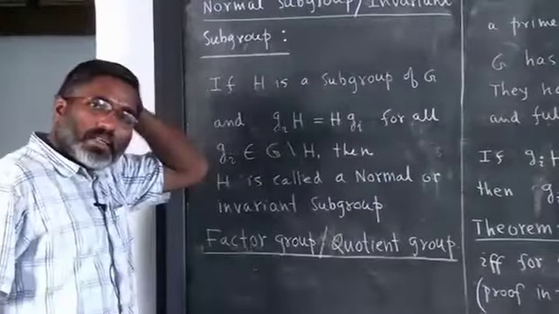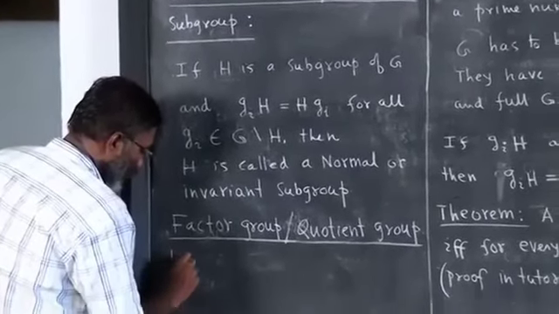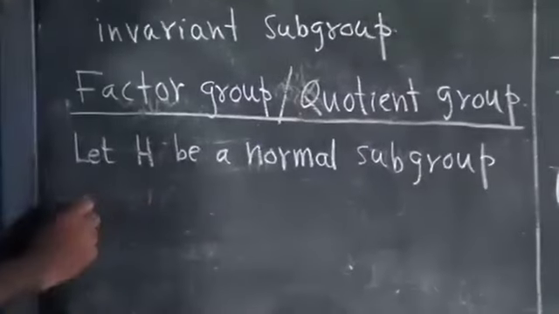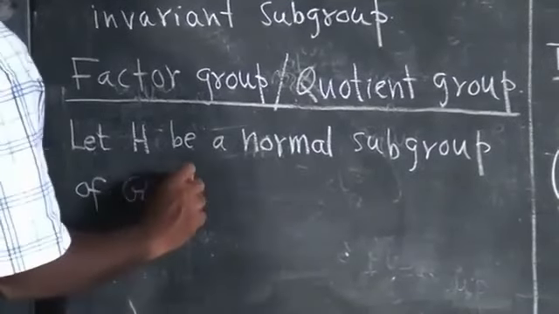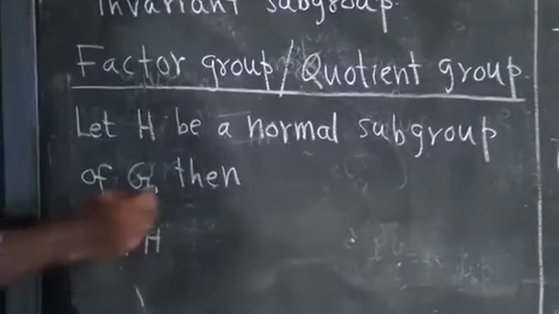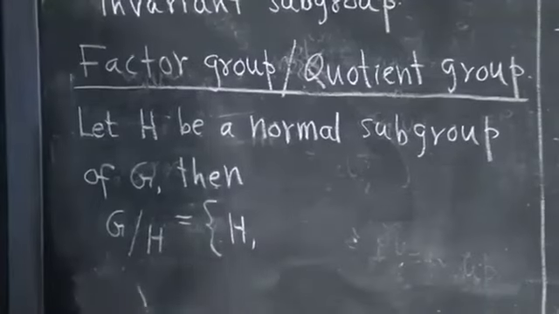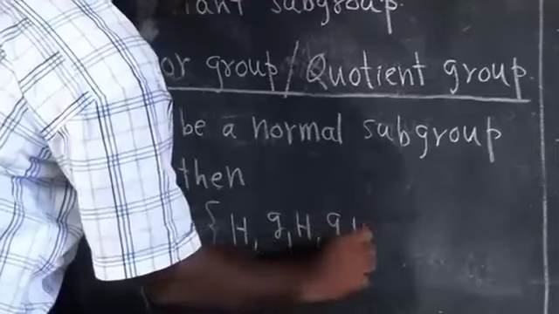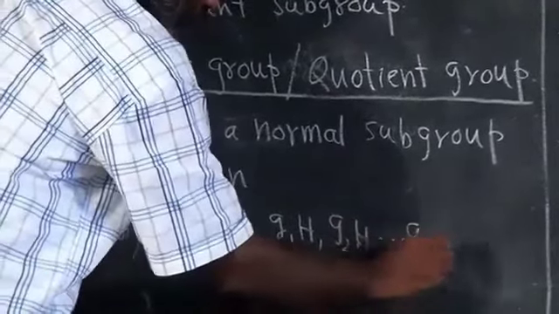This can be defined for normal subgroups. Let H be a normal subgroup of G, then we define G quotient H is equal to H, g1H, g2H, etc., some gmH.